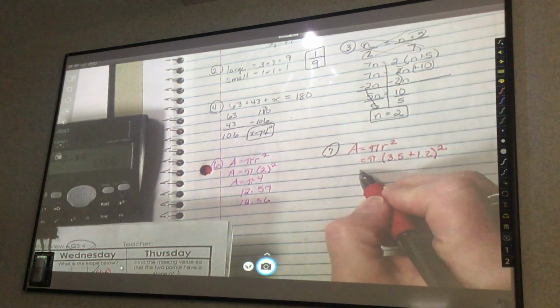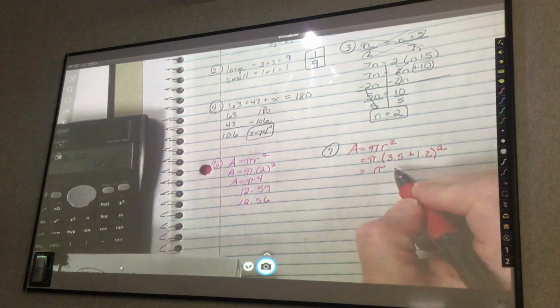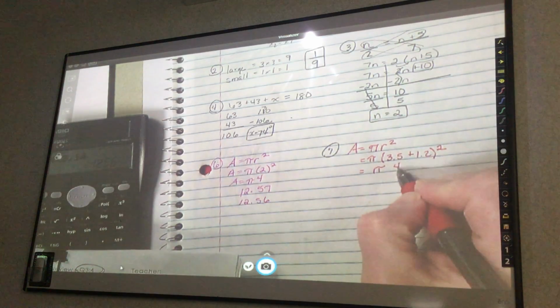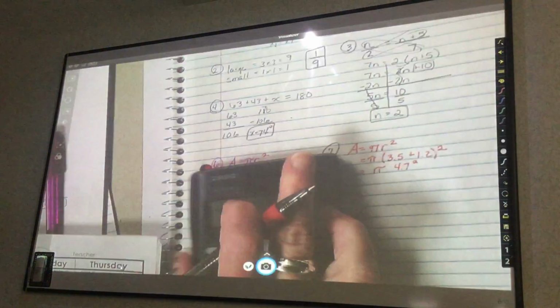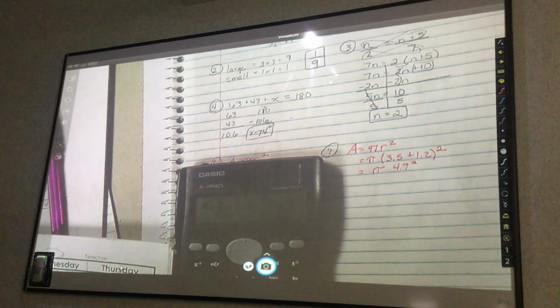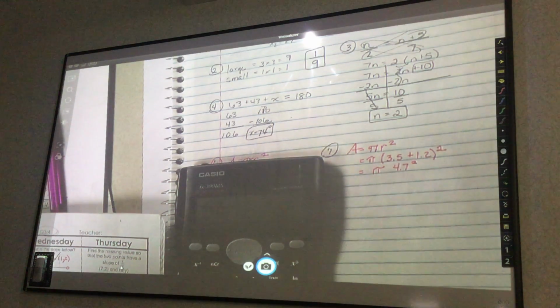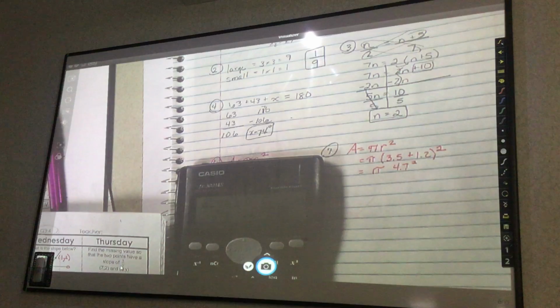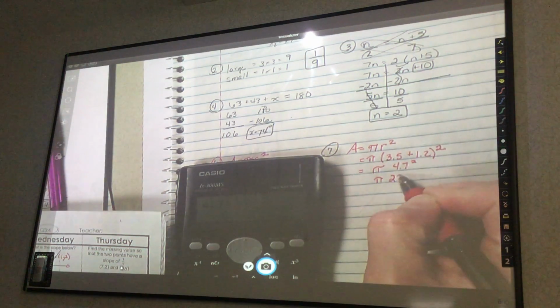So then I have area equals pi times 4.7 squared. So in my calculator, 4.7, I got by my squared button, squared. So I have pi times 22.09.